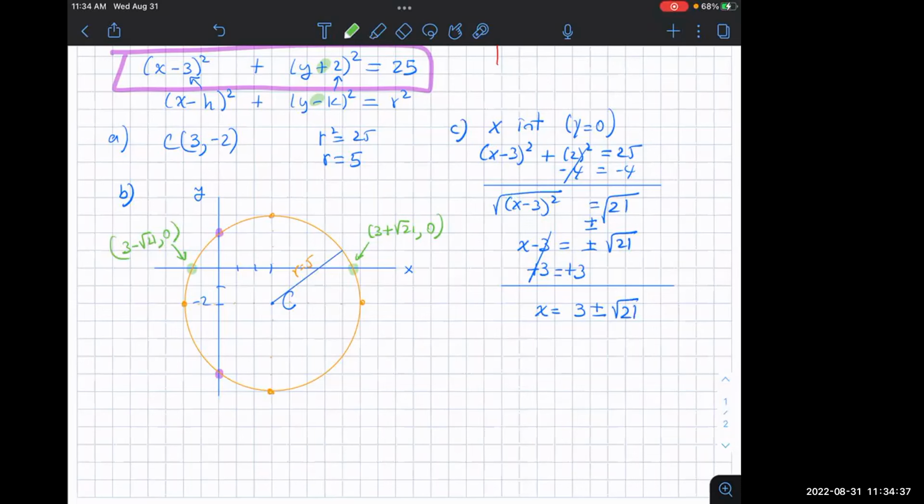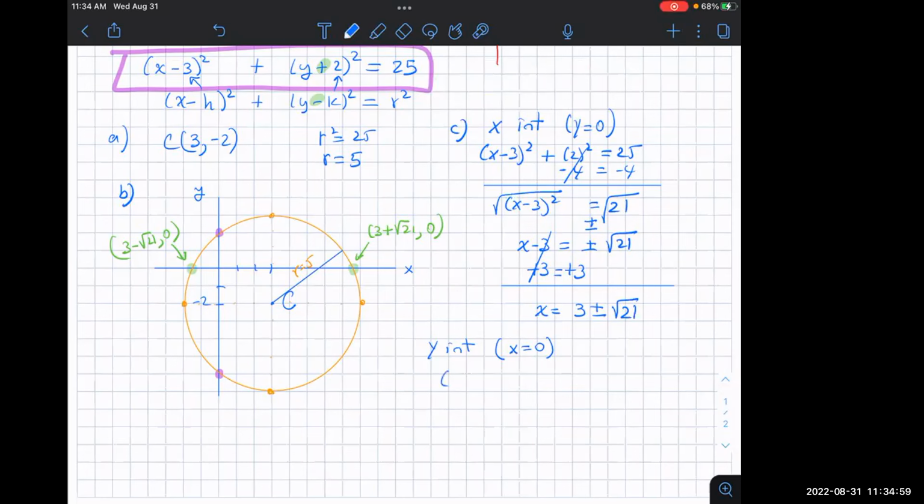Now we go on to the y-intercept, actually y-intercepts, plural. We let x be 0. So go back to this equation, the one at the top of the page, and then set 0 for x.